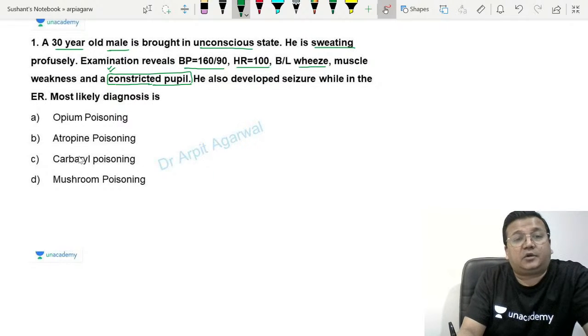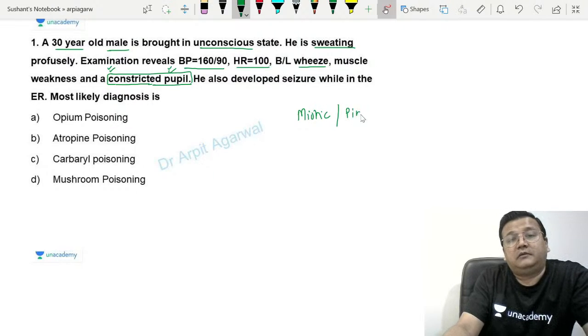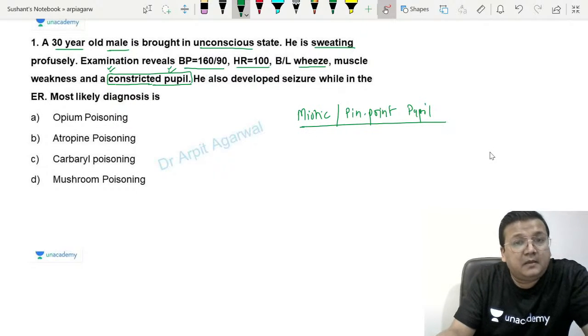Look at the words: constricted pupil, miotic pupil, pinpoint pupil. What would you think of?